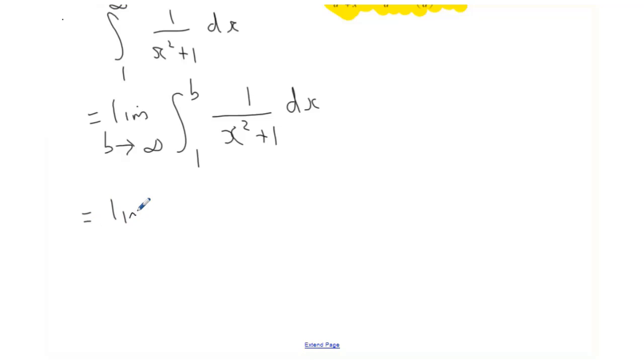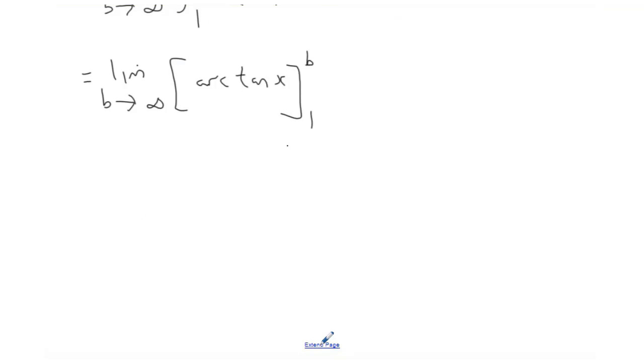So equals the limit as b approaches infinity of arctan x, and we need to evaluate that at the upper limit of b and the lower limit of 1. Right, so that is going to be the limit as b approaches infinity of arctan b minus arctan 1.